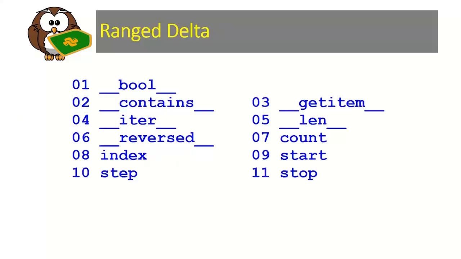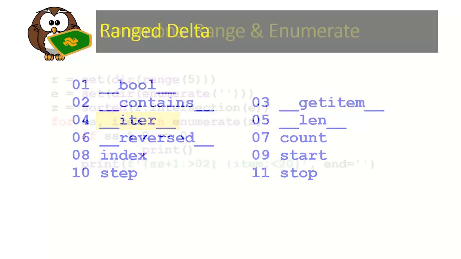report. You'll see that we have, interestingly, bool. In other words, we can use it under bool and all of these dunder functions so as to support the related operations, noting that the key commonality is going to be our dunder iter between range and enumerate.